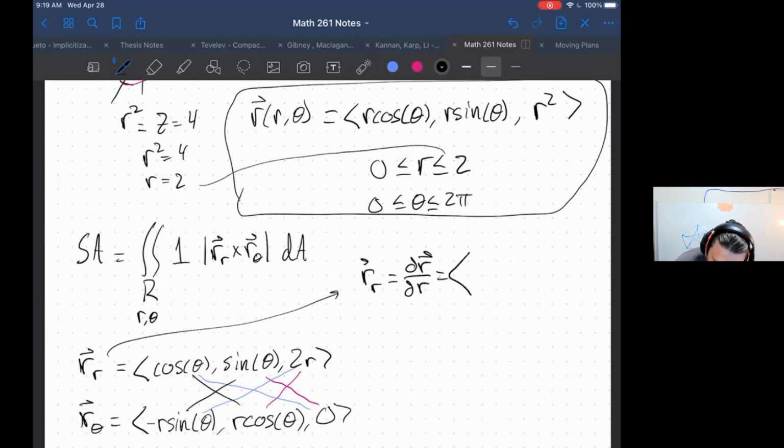But this is the thing where you take the partial derivative of each of these components with respect to r. Oh, gotcha. Okay, that makes sense. Thank you. Right, so it looks something like that in each of the components. Great, good clarifying questions.